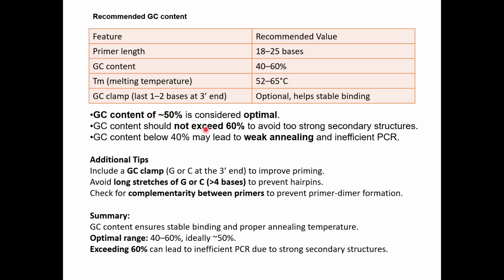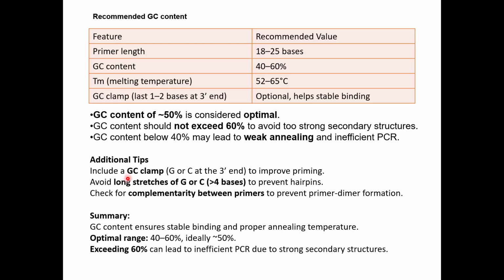So GC content of approximately 50% is considered optimal. It should not exceed 60% to avoid secondary structures, and it should not be less than 40%, which will lead to weak annealing. Both of these will lead to inefficient PCR.